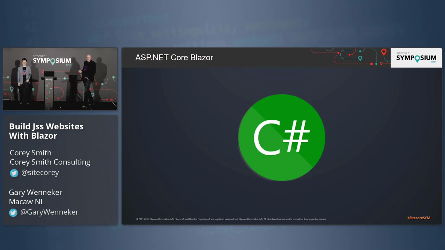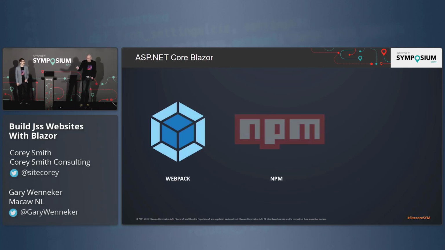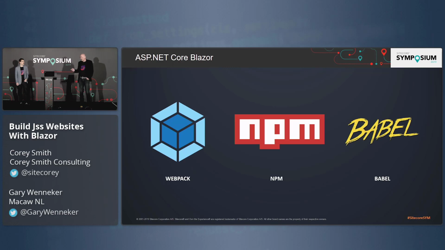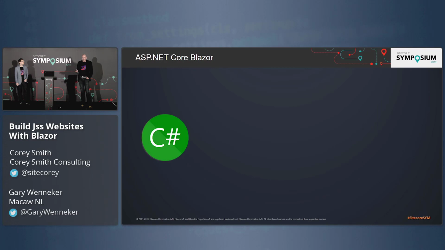So I've been working the last couple of years with front-end frameworks, spoken to many developers, and they think as a back-end developer, it's very hard to start with JSS, including tooling like Webpack, NPM, and Babel. And the list goes on and on. Blazor removes this barrier totally to start with JSS, because you're writing your code in C# in Visual Studio.